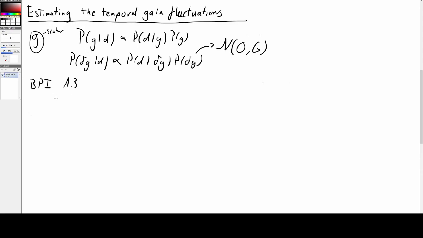You recall that the solution without the prior for the gain fluctuations was that we had this T matrix transposed, we had the noise and the T again times delta G_i is equal to this residual factor.